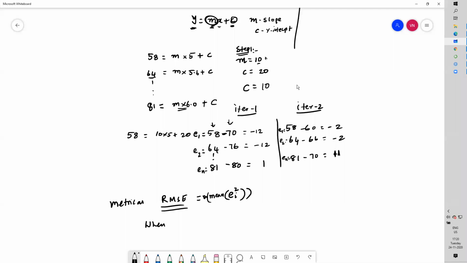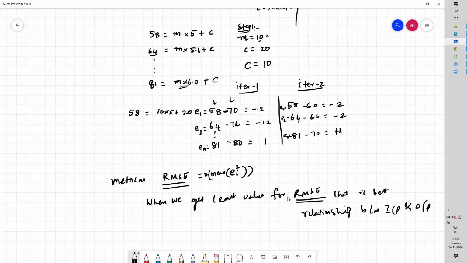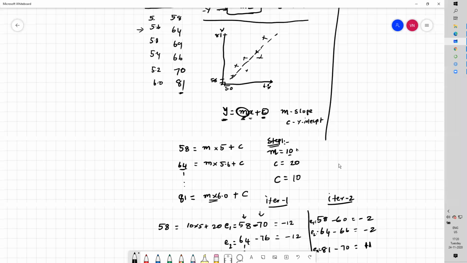When we get the least value for RMSE, that is the best relationship between input and output.